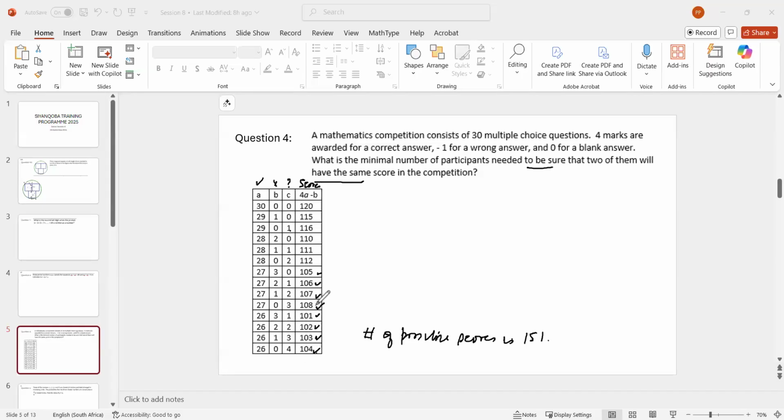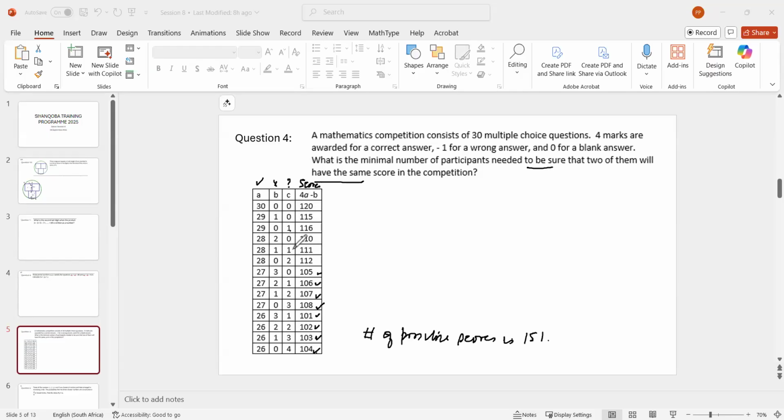You can create this. Because at the bottom you've got 26 correct, but you've got enough to play around with to get up to 30. See, like here, you didn't have enough to play around with, for instance, when you got 29. You don't have, for instance, enough to get to 118 or something; you needed to have more numbers here. All right, so all these numbers from down here are attainable.